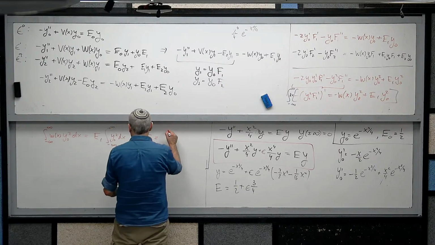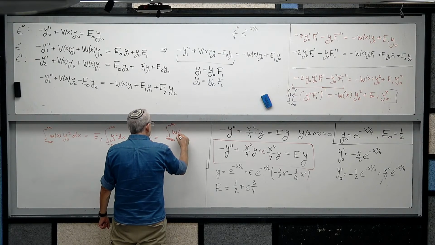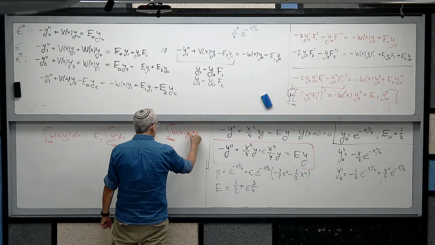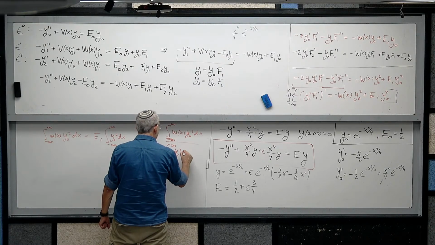We find the wave function with the corrections to the energy, which is simply the integral of psi naught H1 psi naught dx divided by the integral from minus infinity to infinity of psi naught squared dx.